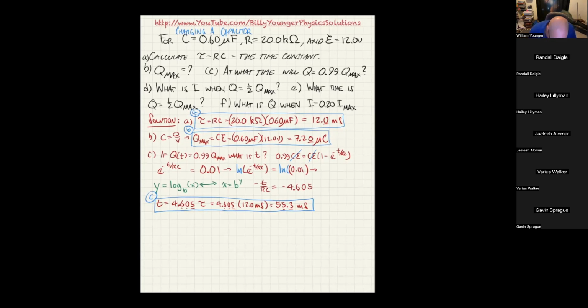In order to do that, we need to know what time that occurs. So I'm going to start off by doing that problem. So this is part D, and what I'm going to say is Q of t is equal to, remember the max Q is EC or CE times 1 minus e to the negative t over RC. That's the whole Q of t function.